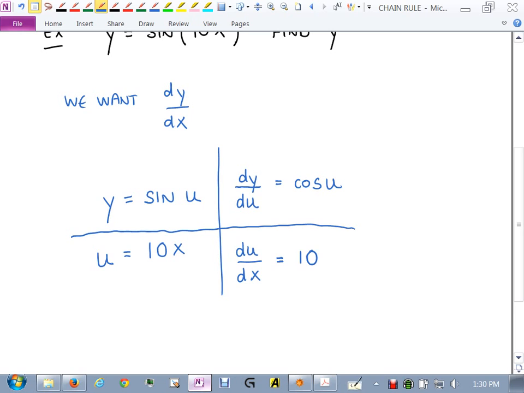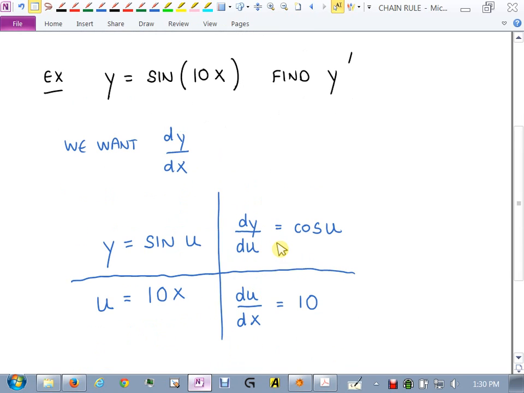The question is, how do we use this table to come up with our answer? Well, dy dx is what we wanted, right? I have dy du. That's not what I want, though. I have du dx. That's not what I want. So here's what the chain rule says. Do you agree that this is the same as dy du times du dx?